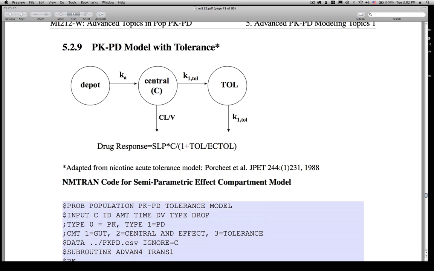Okay, let me answer a few questions now. Question is, if all the PK points overlap with PD time points, will the semi-parametric effect be necessary? Well, if we say overlap with PD time points, I guess what you're saying is that there's matched pairs. Each PK time point is matched with a PD time point.